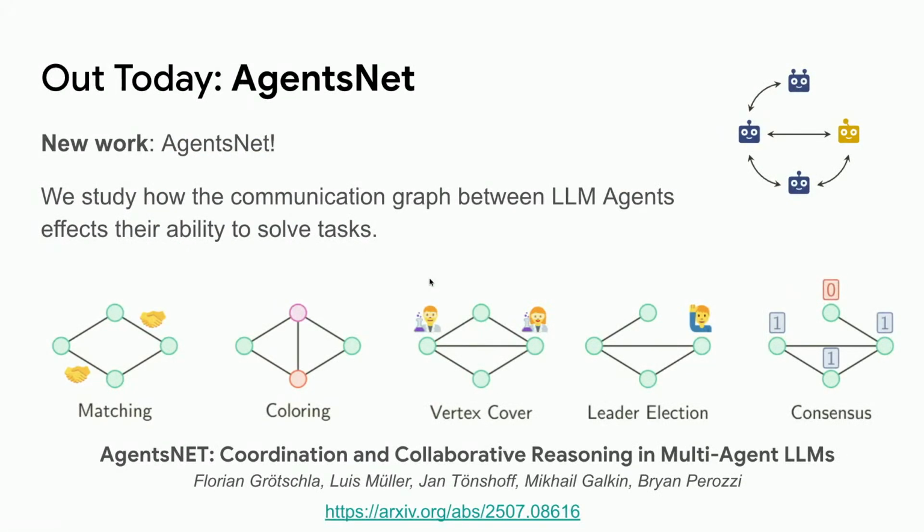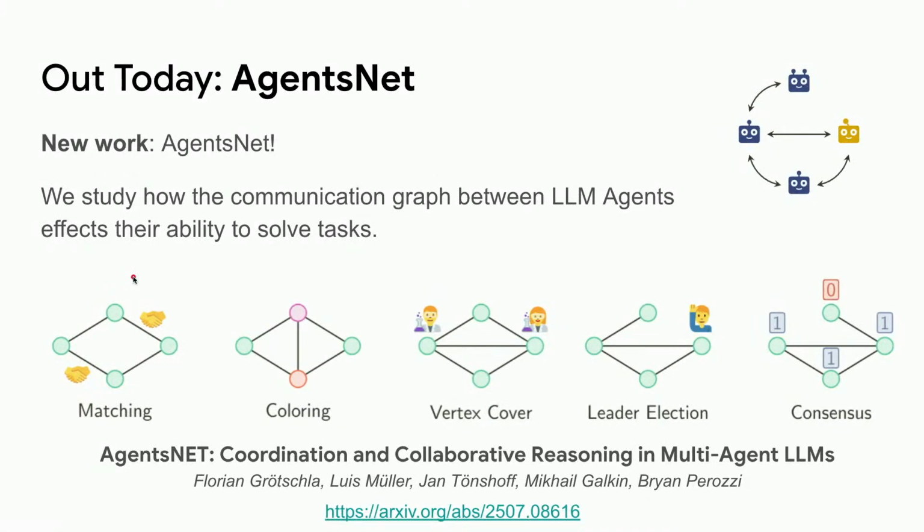Something that we released very recently is the paper called AgentsNet. It's a benchmark for multi-agent systems, for LLM agents, on how they can talk to each other and solve certain pretty basic problems from the distributed computing literature. So we measure their coordination and collaborative capabilities. The basic tasks there come from standard distributed computing courses. Every node in our graph is an LLM agent.